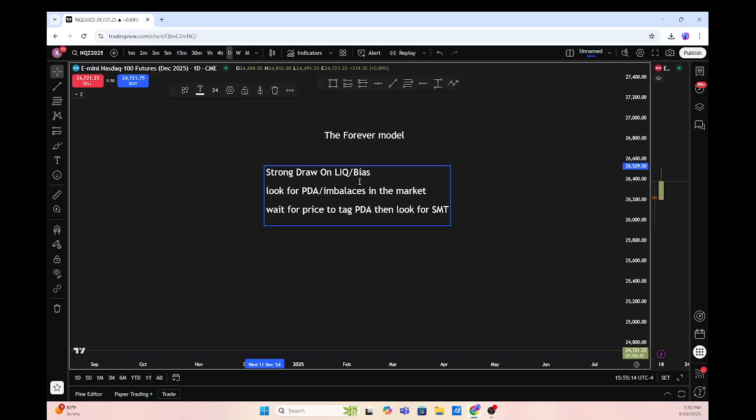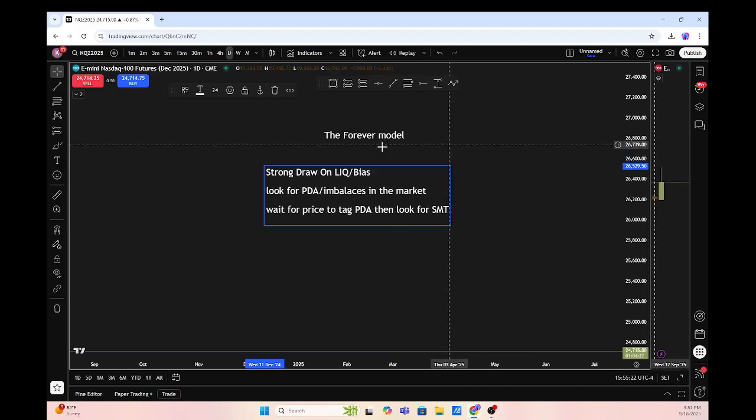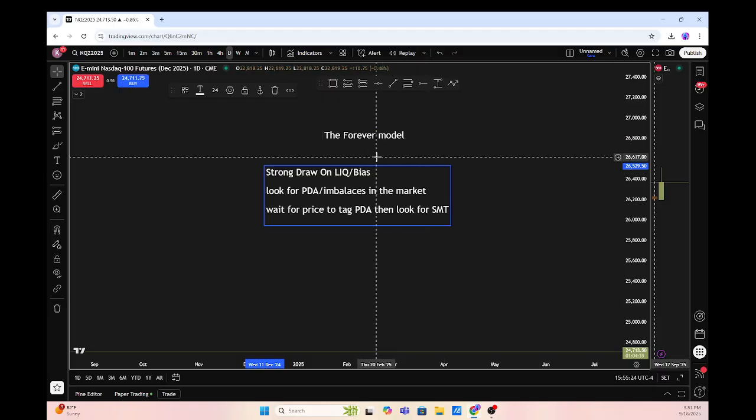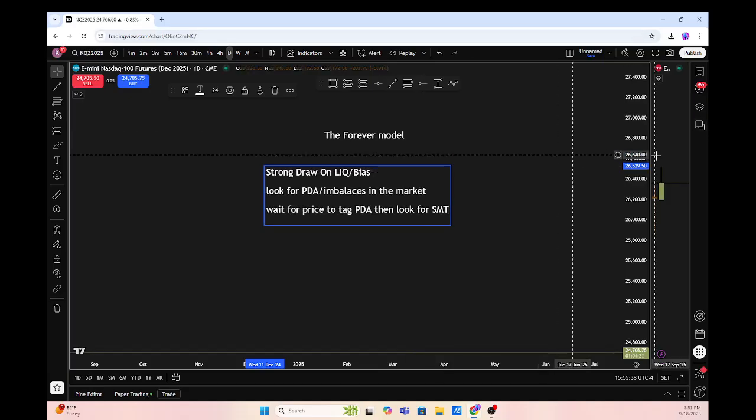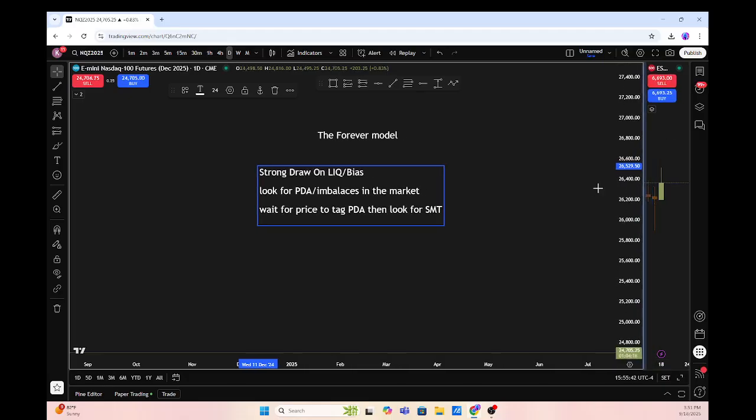SMT is also a very important confluence in my model because when I see SMT, it tells me the market could start to flip direction, right? So I like having SMT as one of my confluences, because it's a good indicator for me to tell when the market wants to move.